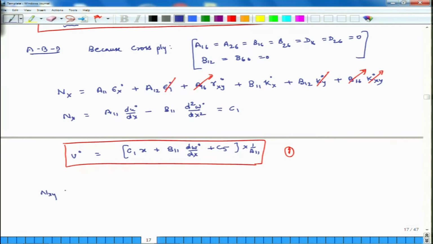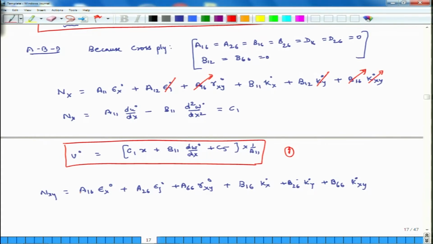So, Nxy is equal to A16 epsilon x naught plus A26 epsilon y naught plus A66 gamma xy naught plus B16 kx plus B26 ky plus B66 kxy. Okay. And let us see which terms get dropped out in this equation.